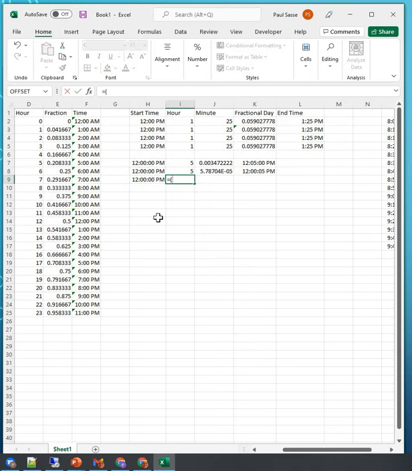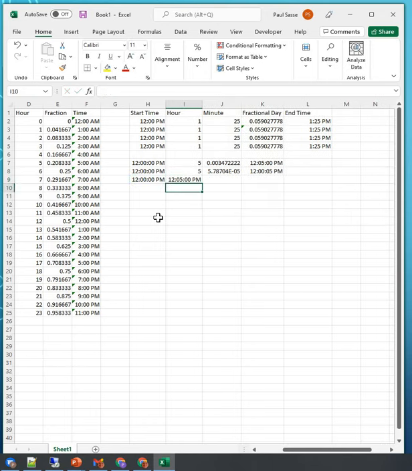You can do 5 divided by 1440 plus that. There's 12:05 p.m. Okay. Similarly, you could do equals 5 divided by 86,400 plus that. And there's 12 p.m. and 5 seconds.